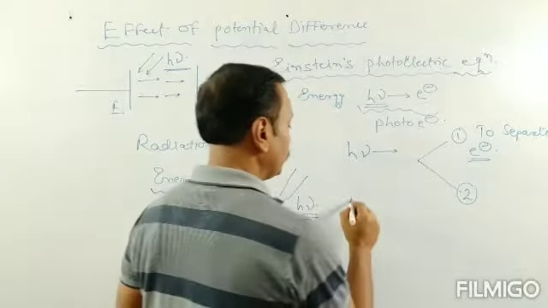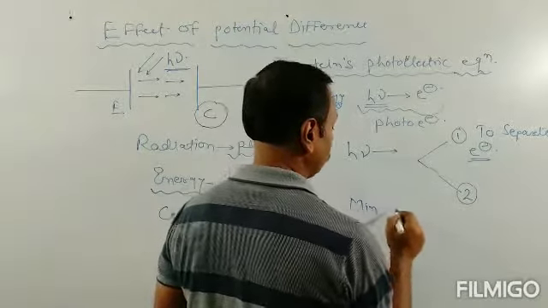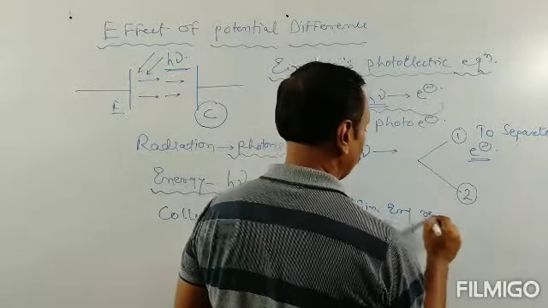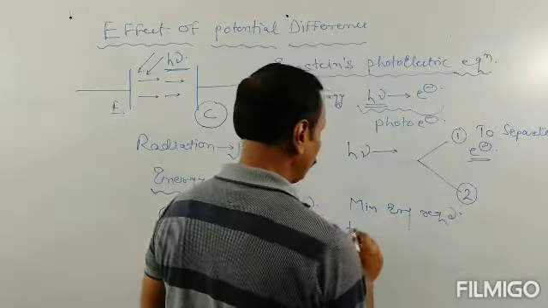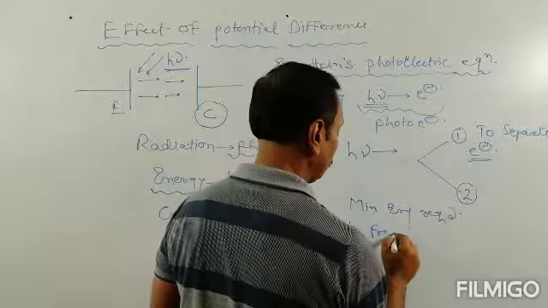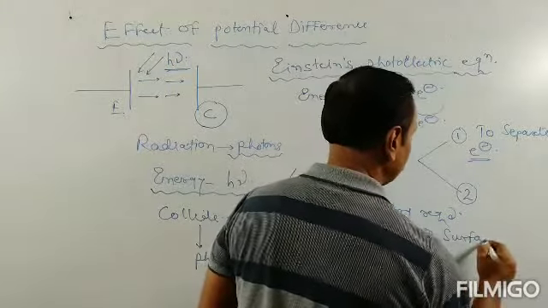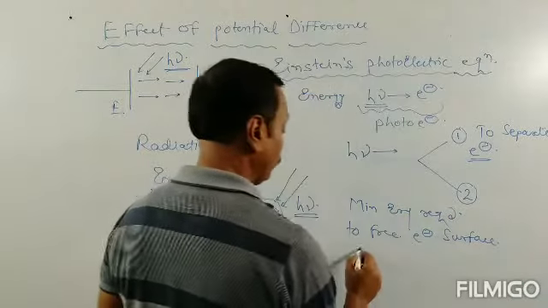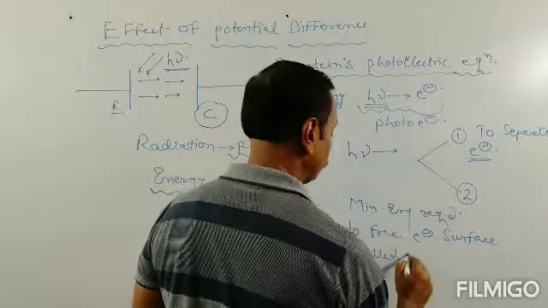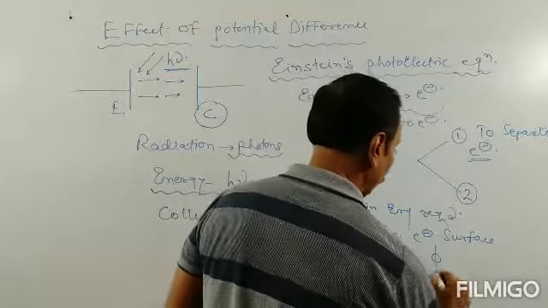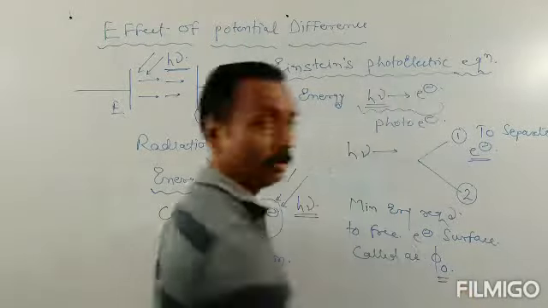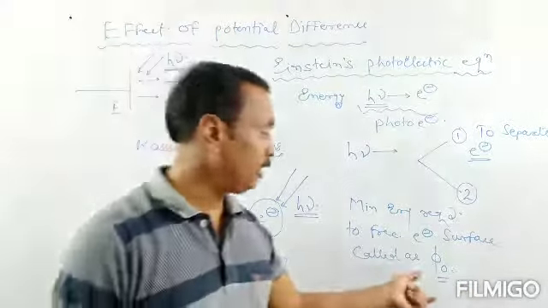The minimum energy required to free the electron from the surface is called phi0.